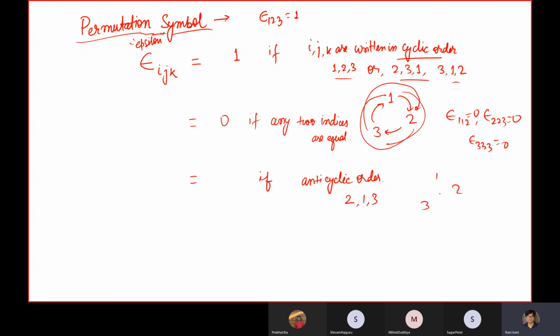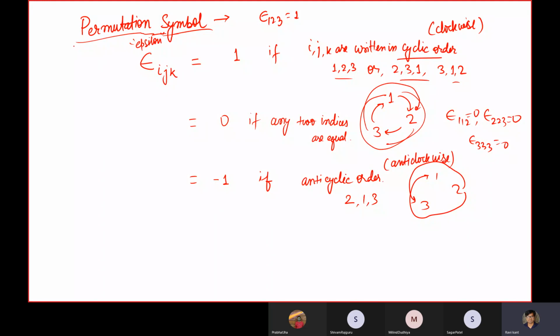How? 1 2 3, so 2 3 1 would be cyclic, but 2 1 3 would be anti-cyclic. Okay, cyclic means clockwise direction, and this is anti-clockwise direction. If it is written in anti-clockwise direction, the permutation symbol boils down to -1.